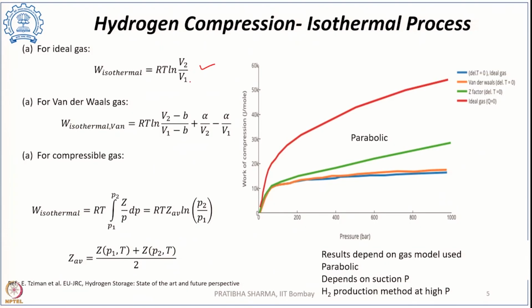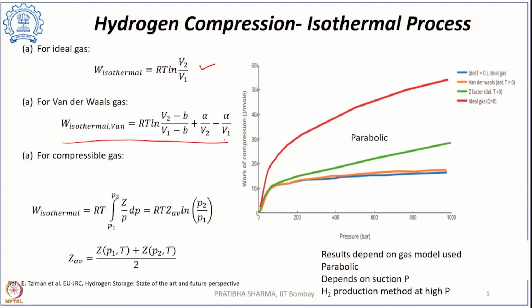We can have different models for real gas, and considering the van der Waals gas model, we can also get the isothermal work for the van der Waals gas as RT ln of V2 minus B upon V1 minus B plus alpha upon V2 minus alpha upon V1. So, this is the required work of compression considering the process to be isothermal.